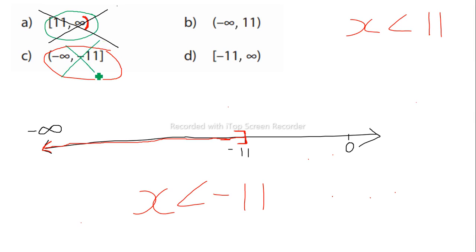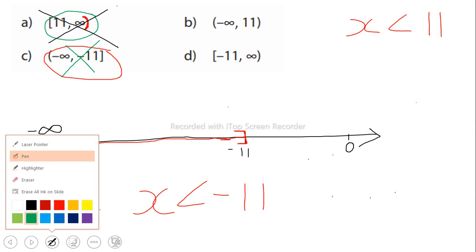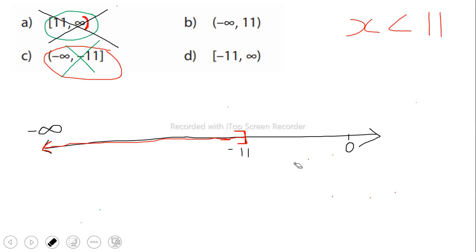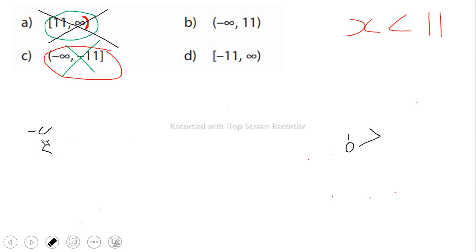So let's try D and see if it works. First we need to get an understanding of what this is actually trying to say. What does D mean in words?